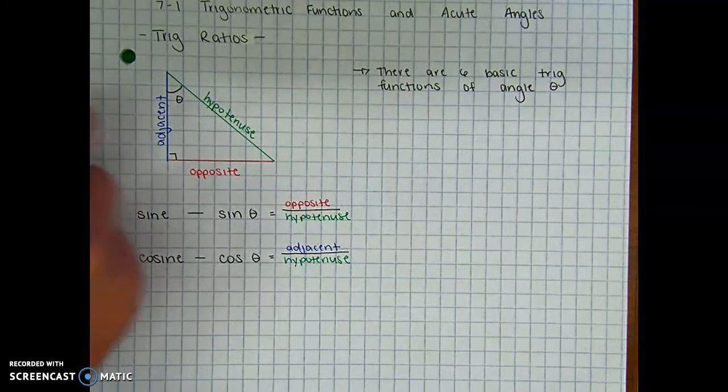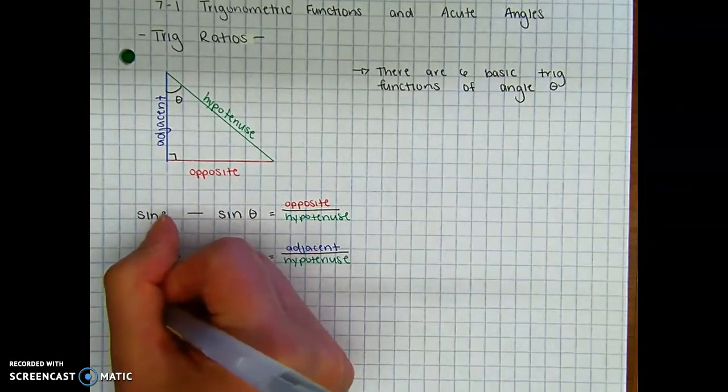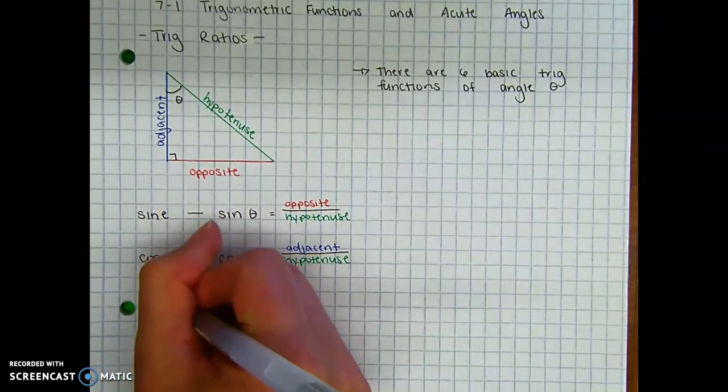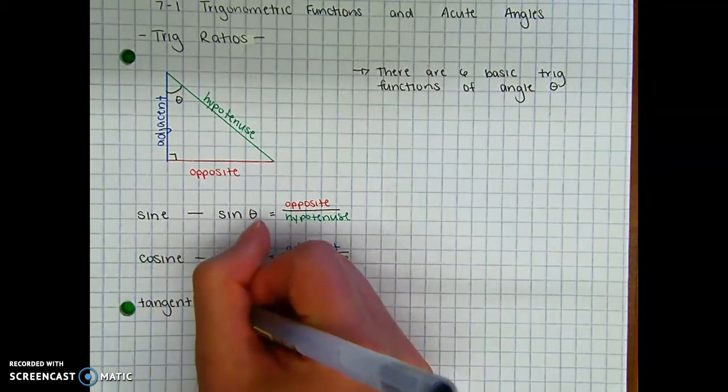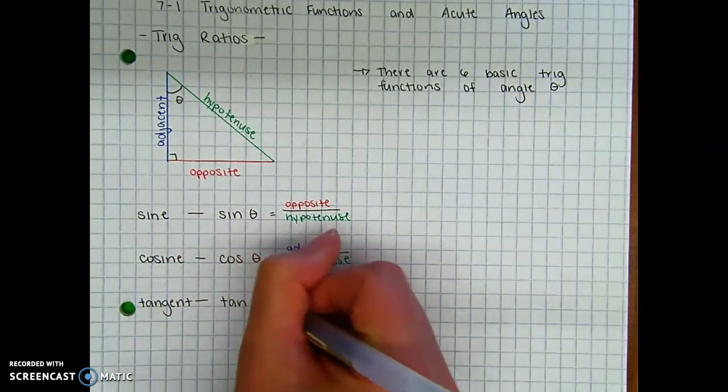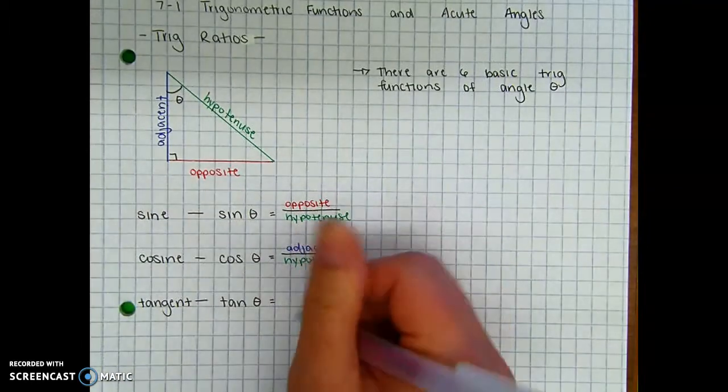And then we have tangent, which is tan theta, and that is opposite over adjacent.